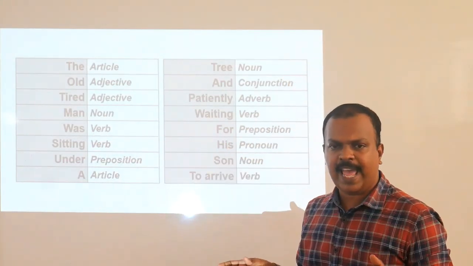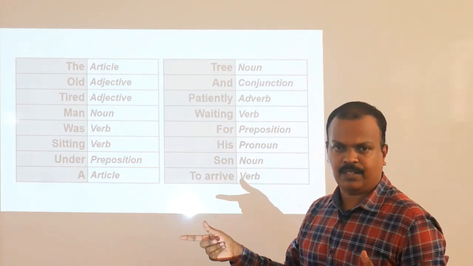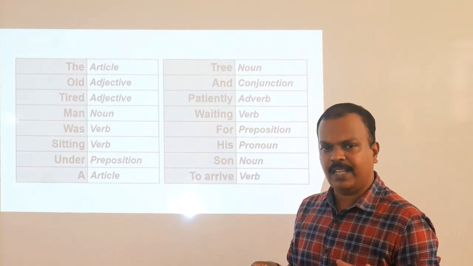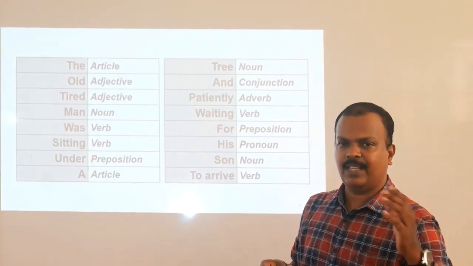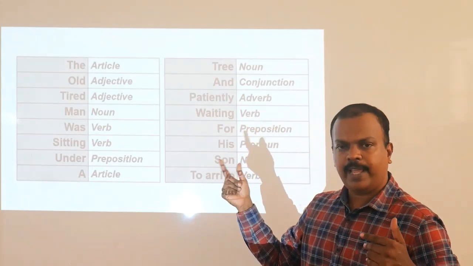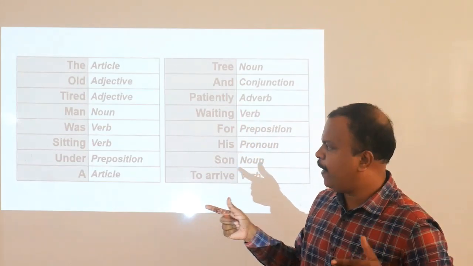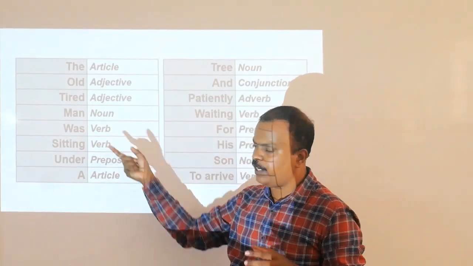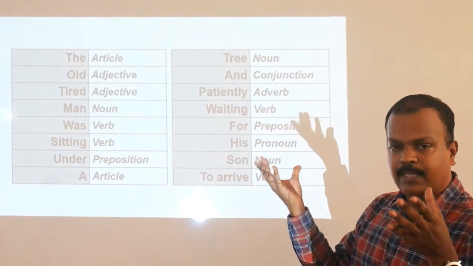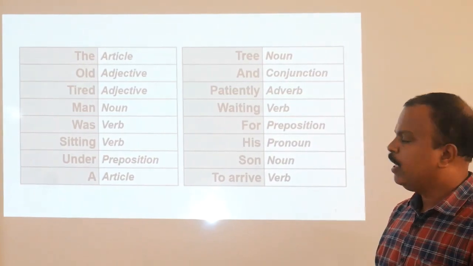But was doesn't have meaning of its own here in this sentence. It is only helping us to understand the tense of that sentence. Was sitting, yes, past progressive. So it's called a helping verb for a reason. It is helping the main verb here. So was and sitting both are verbs, but was is helping the main verb sitting.